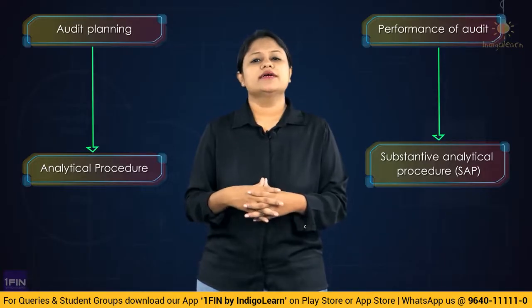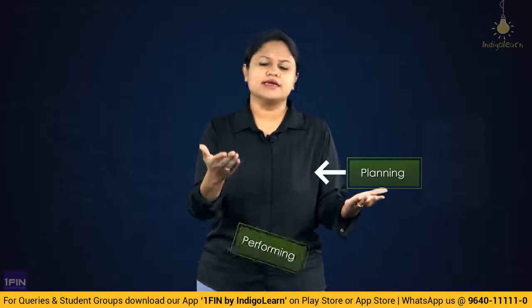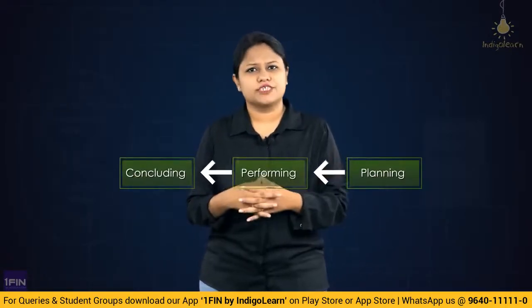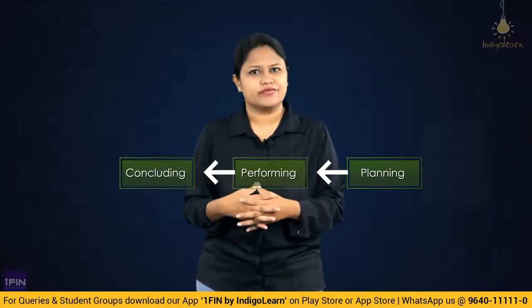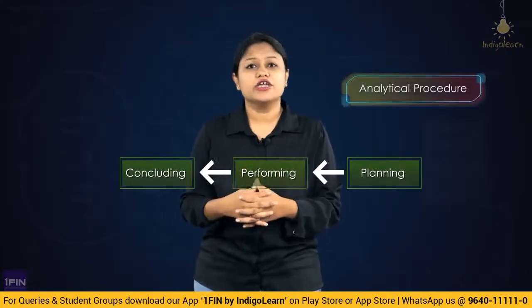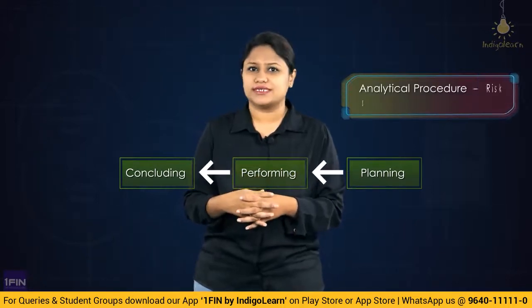Alright, now we need to understand that analytical procedures are performed at all three stages of audit. The first stage is planning, second is performing, third is concluding the audit. While you are doing the risk assessment by understanding the entity and the environment, analytical procedures will become one of your risk assessment procedures.